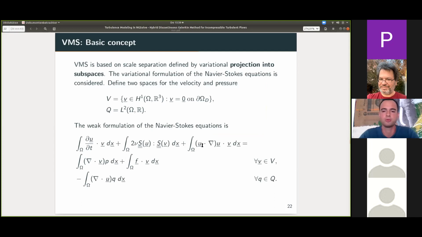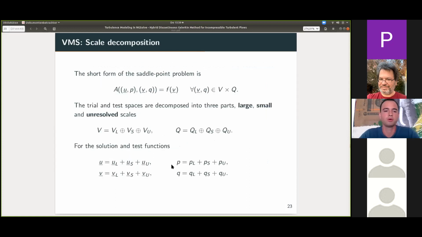So we assume our boundary contains homogeneous Dirichlet and homogeneous Neumann boundary conditions. And then we obtain our weak formulation, which can also be written in this short form for our saddle point problem. And then we decompose our spaces and functions into three parts.